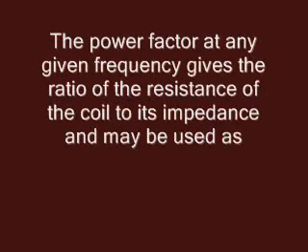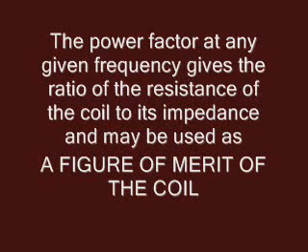The power factor at any given frequency gives the ratio of the resistance of the coil to its impedance and may be used as a figure of merit of the coil.